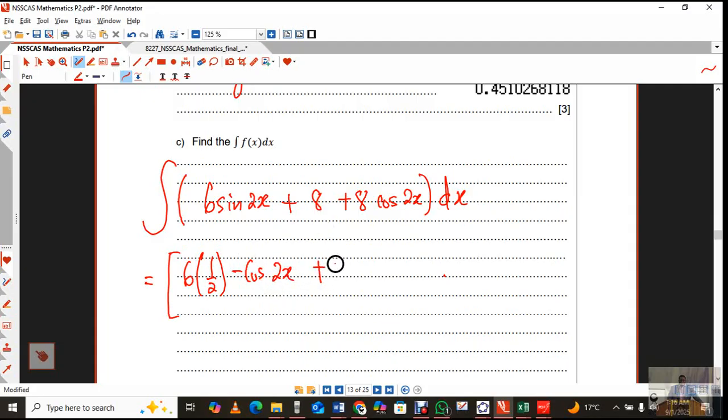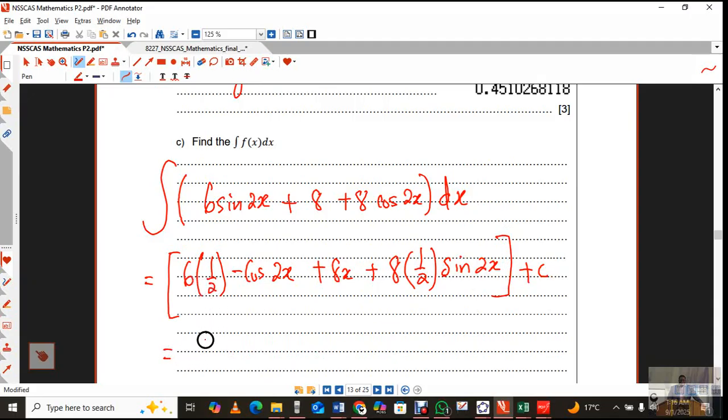Plus, if you integrate 8, it becomes 8x, plus 8 times 1 over 2, that is our a value, times the integral of cosine, which is sine of 2x, okay? All of this is going to be plus c, indefinite integral.